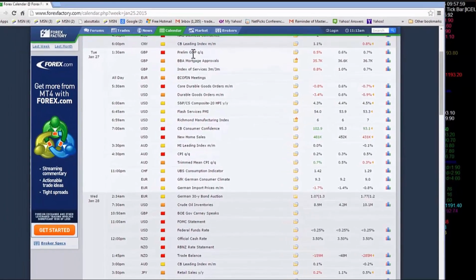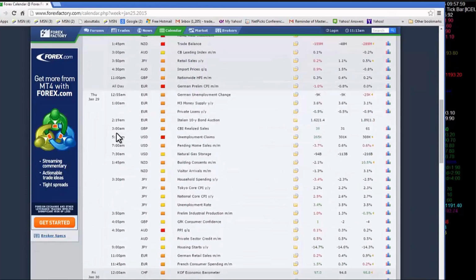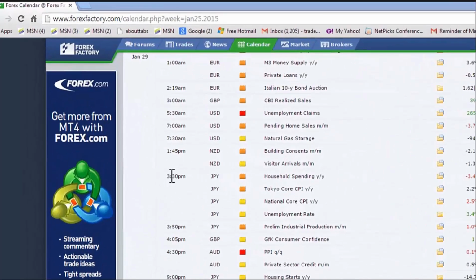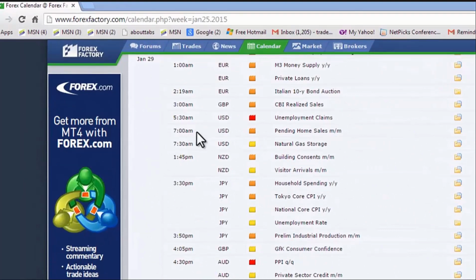And I like to use forexfactory.com, and I pay attention to the red labeled reports, some of the orange ones. And right at the top of the hour, which is 7 a.m. Pacific time, 10 a.m. Eastern, of course, we're looking at the 29th. And you can see on the 29th, we do have pending home sales.